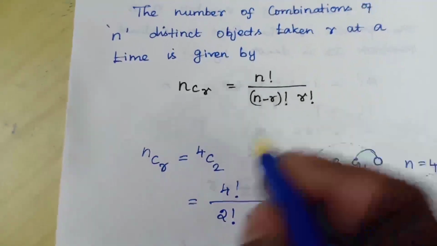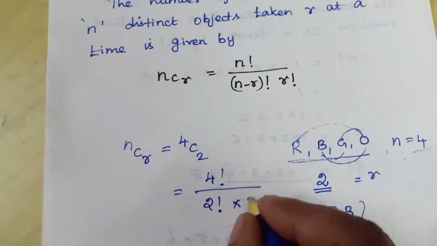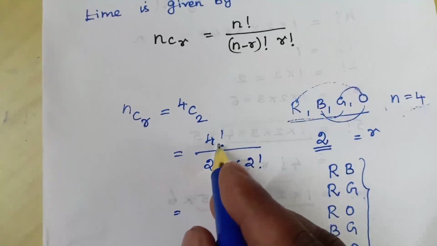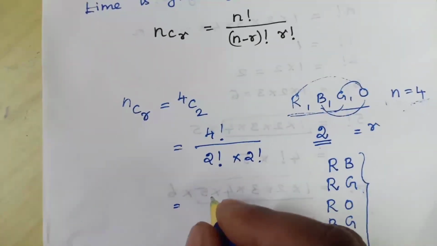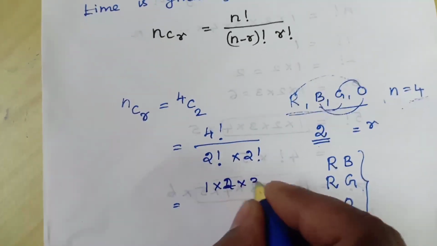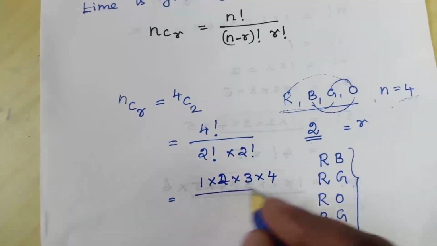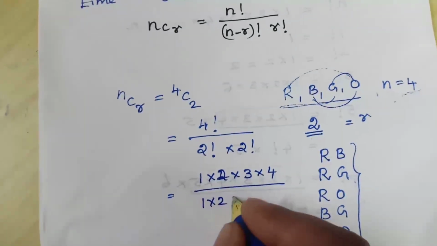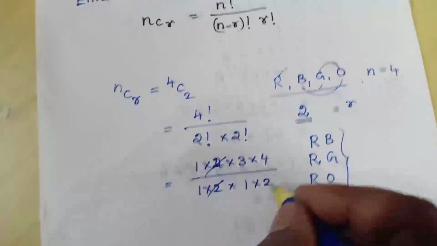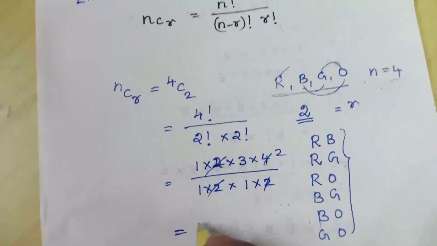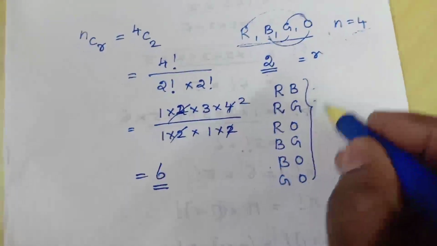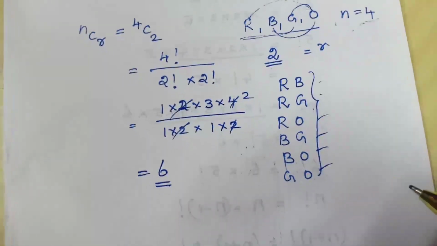We know the definition of factorial: 4 factorial means the product of the first 4 natural numbers, 1 into 2 into 3 into 4, divided by 2 factorial, 1 into 2, and 2 factorial, 1 into 2. So the 2 gets cancelled, 1 time 2 time 3, which is equal to 6. So the number of ways is 6, right? We got 6 combinations, 6 selections.